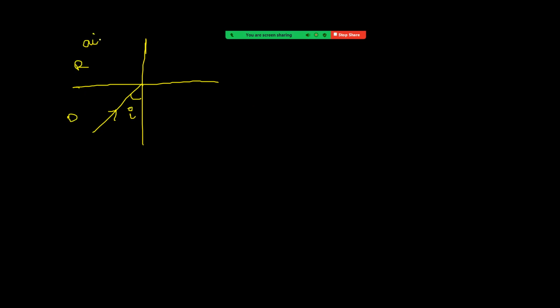This is 0. Okay. So you can take mu r equal to 1, and this is mu. So mu of the medium with respect to air, that is mu by 1, right? It is mu only. Okay.